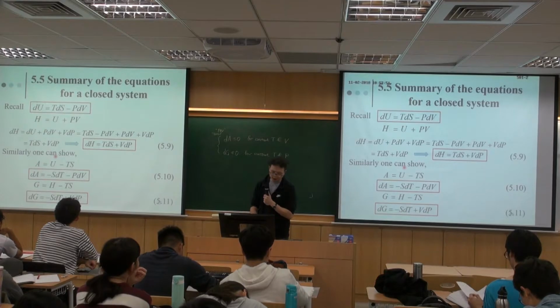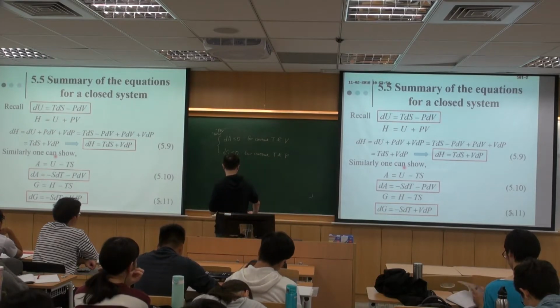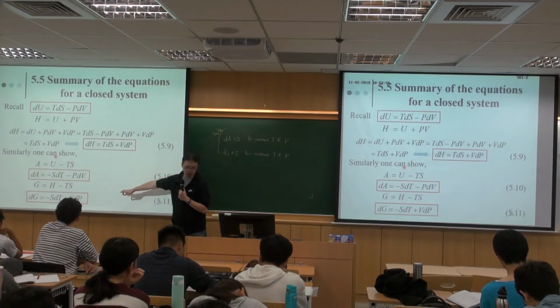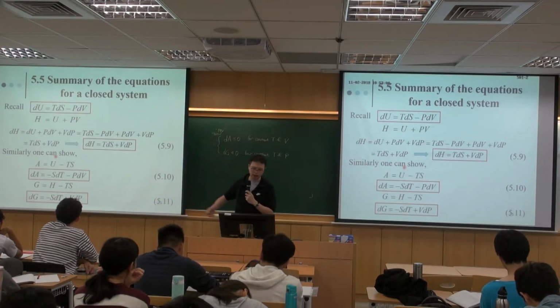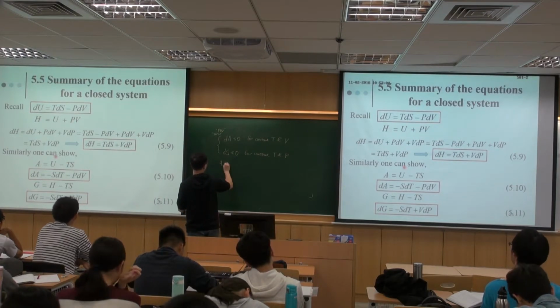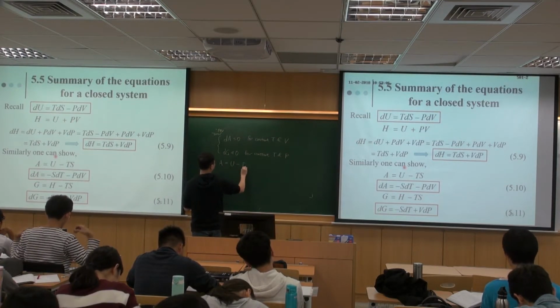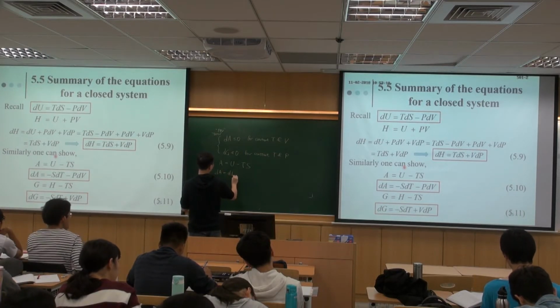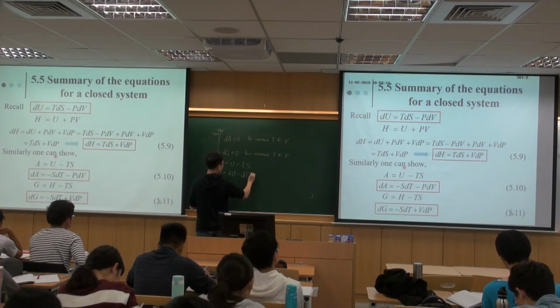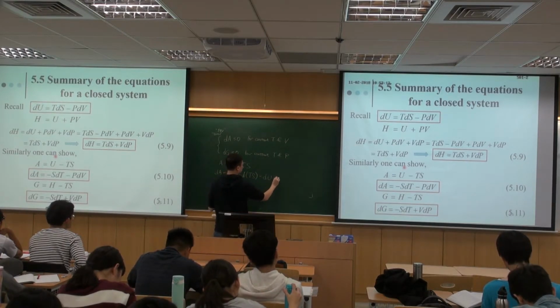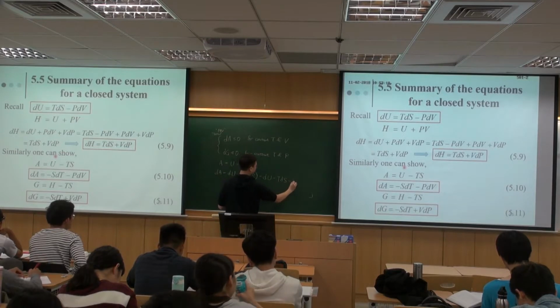So similarly, if you do that for instance for Helmholtz free energy, I don't want to do that for Gibbs free energy. You can do that at home. But for Helmholtz free energy, you go through the same thing. The definition is something like this. Therefore, dA is... so these are just math.